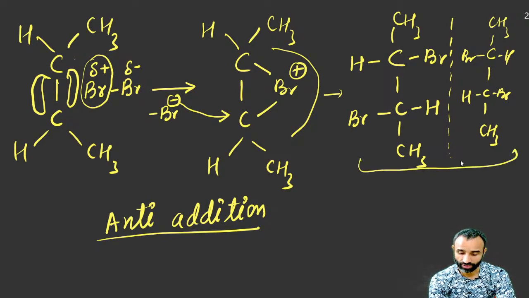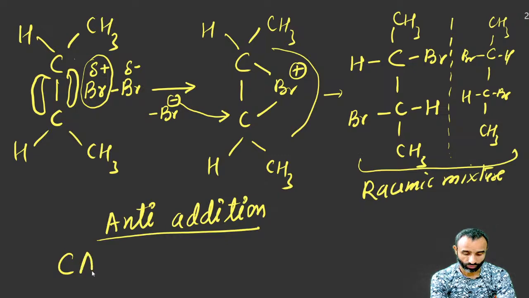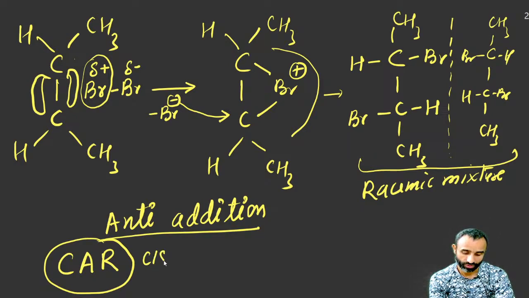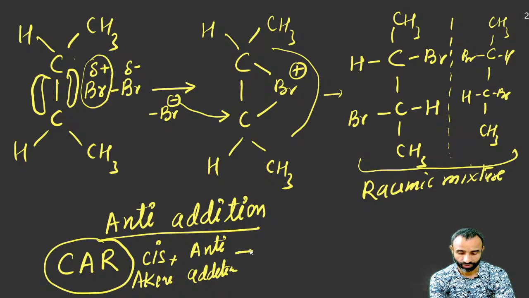So we get a racemic mixture. So you should keep in mind CAR. C means cis alkene, A for anti-addition, and that will give R, that is racemic mixture.